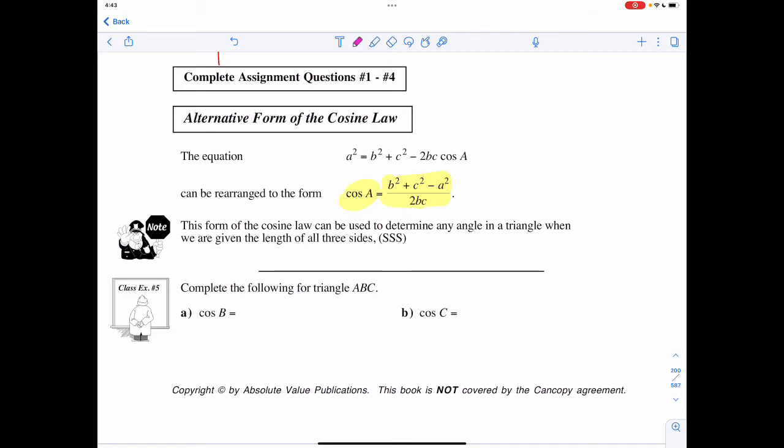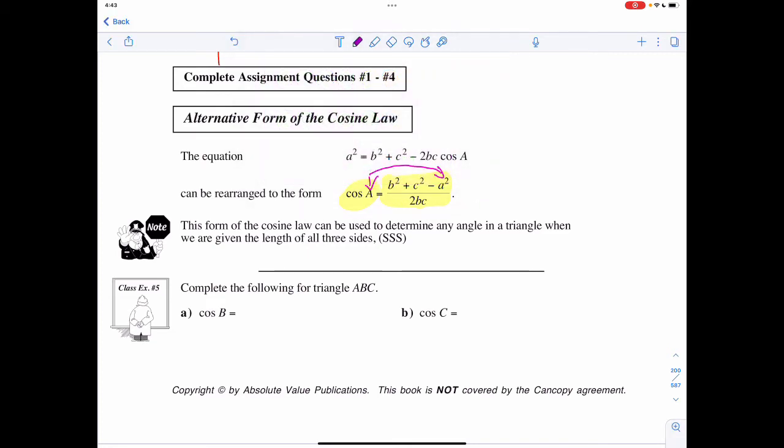Really, the key to doing this properly is if I'm trying to solve angle A, then side length A has to go in the numerator and it's being subtracted from the other two. When I moved it over to the right-hand side of the equation, I'm subtracting. If you can remember that, then you're fine.